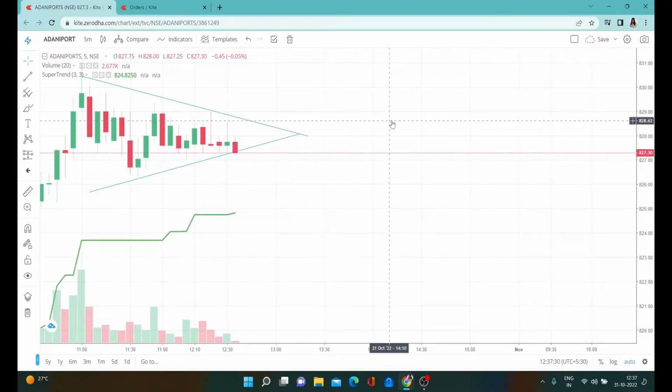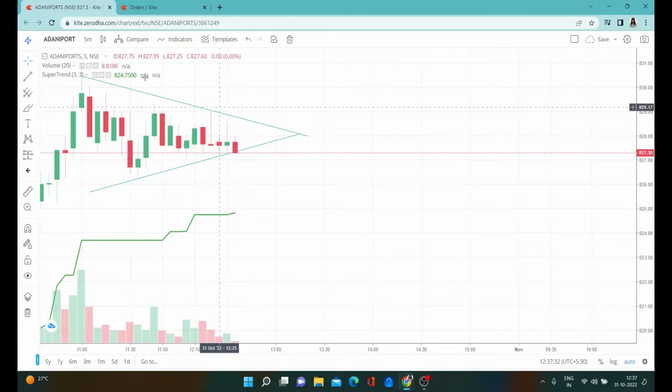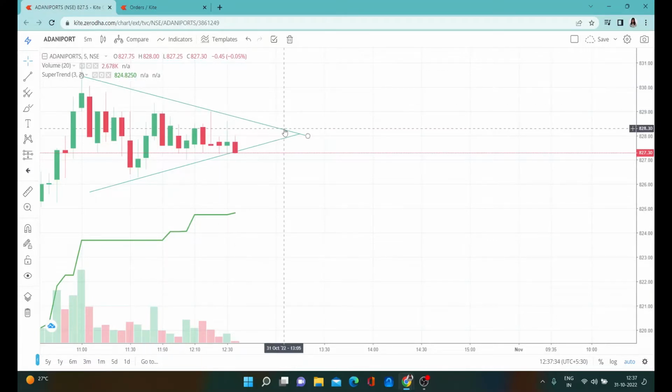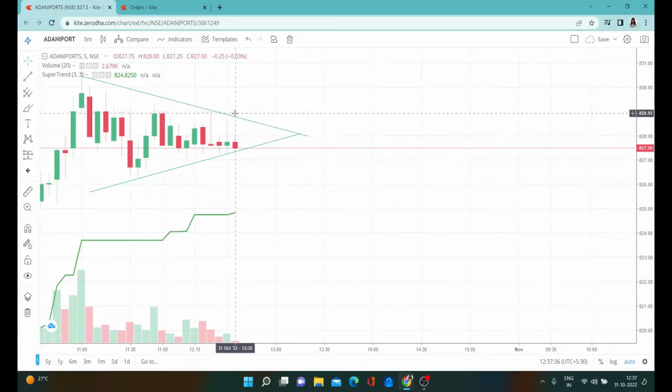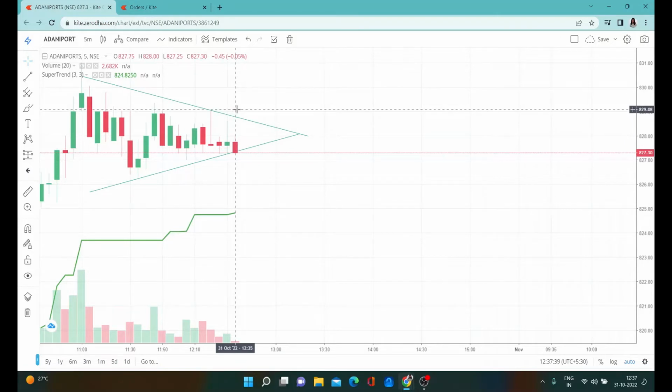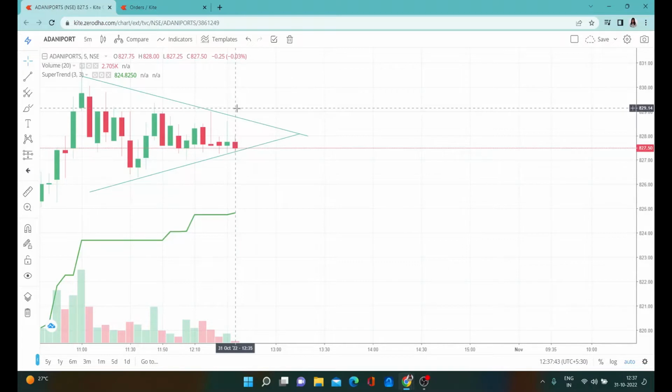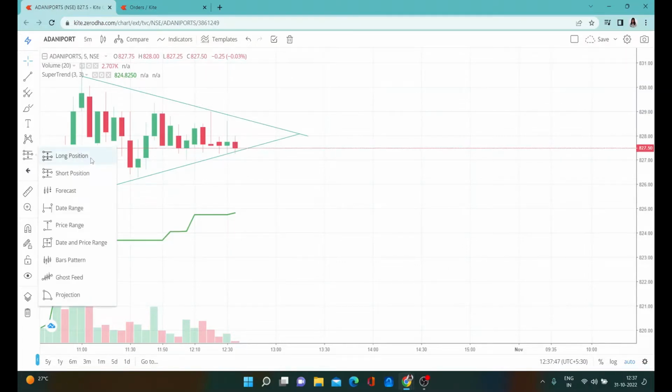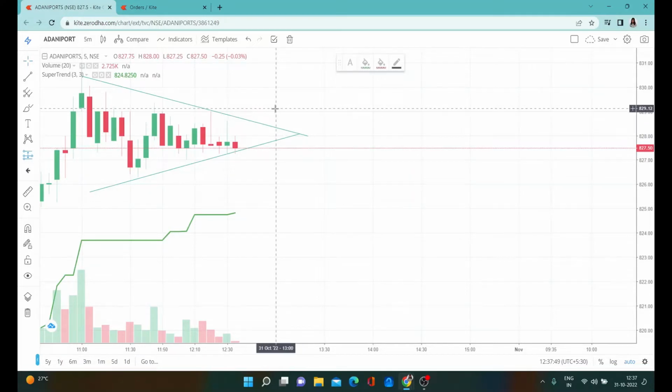Suppose it breaks above the trend line drawn here, this trend line, your entry point should be at 829.2. Let me take a long position and show it to you in drawing.